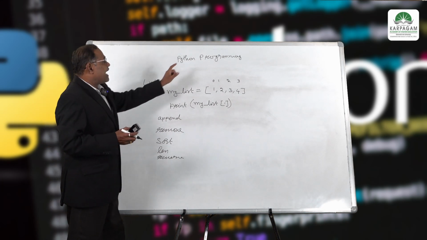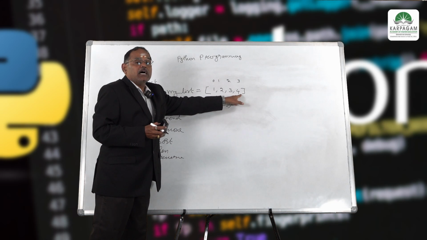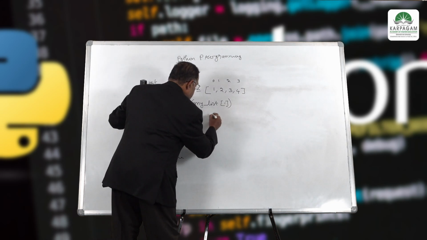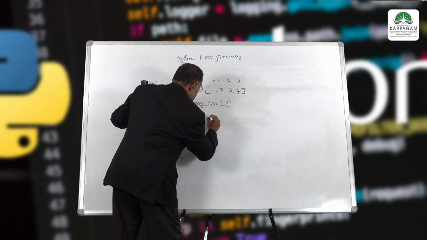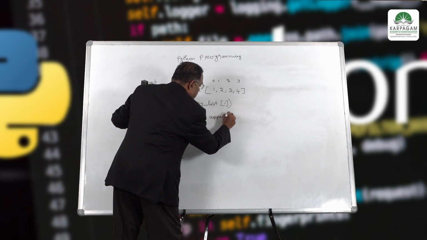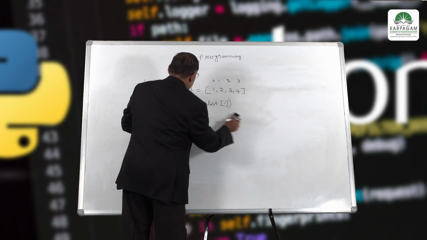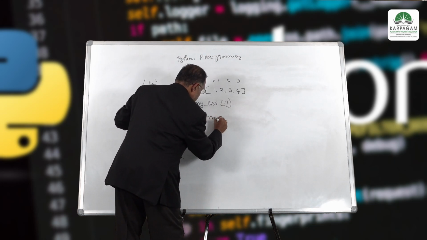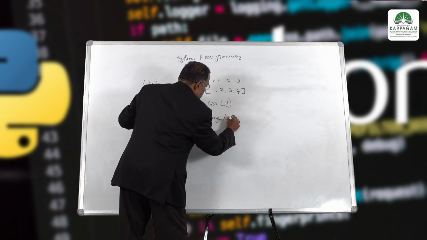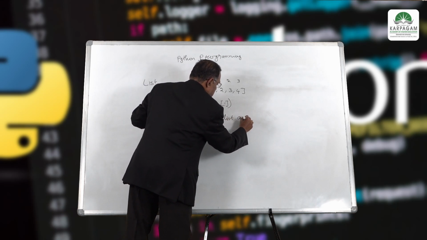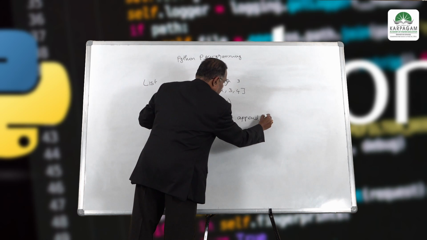Append is nothing but adding a value to the list. Say, for example, my list dot append of 5.